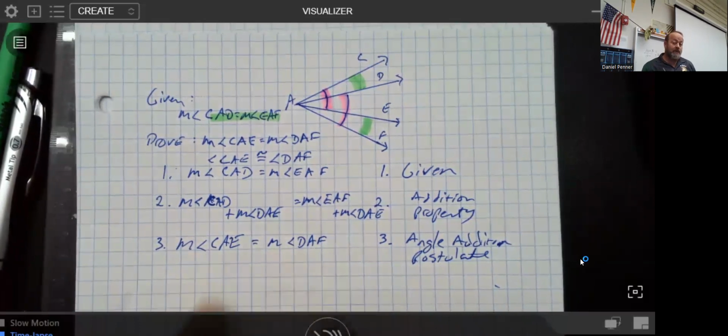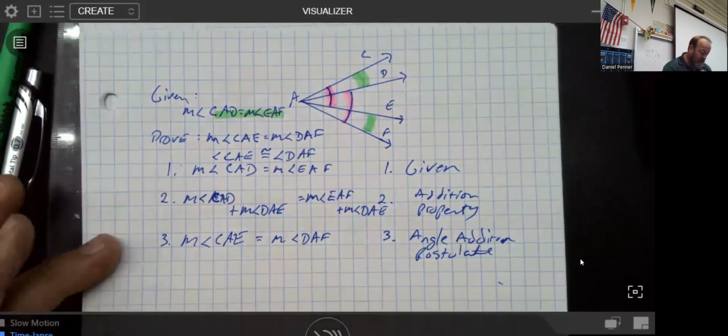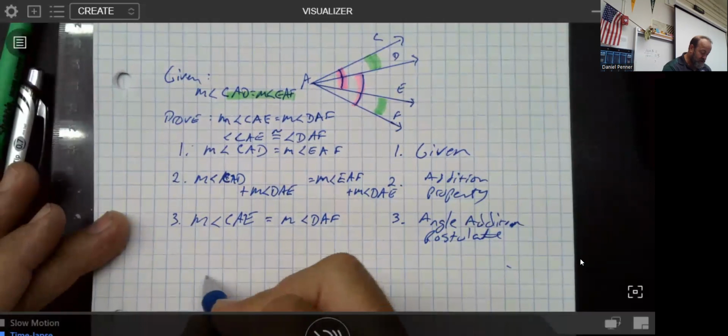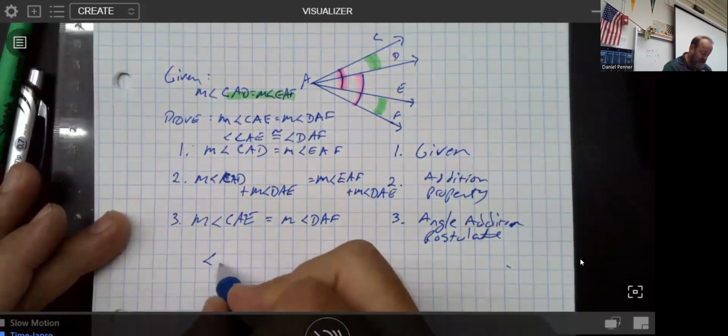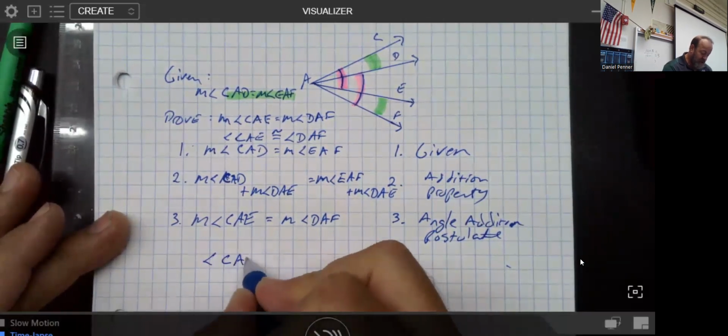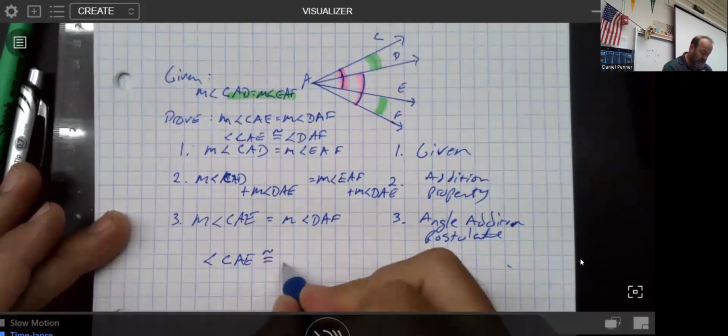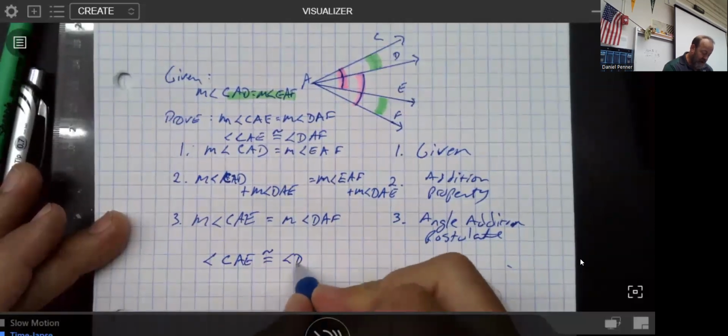So if I have two angles, they're the same shape, they're the same size. That means if I cut them out and place them together, they would have to be perfectly identical in every way. And so I would be able to say that angle CAE would in fact be congruent to angle DAF.